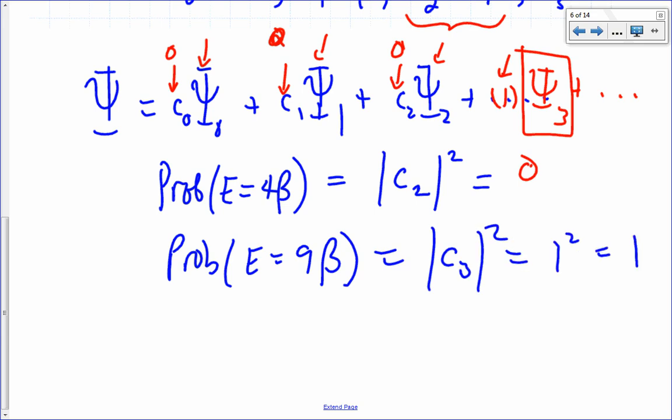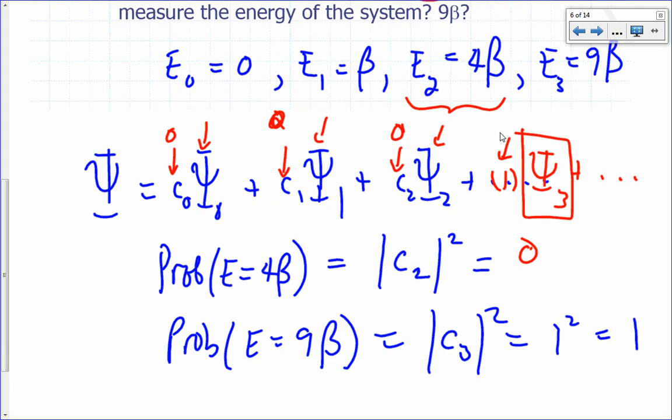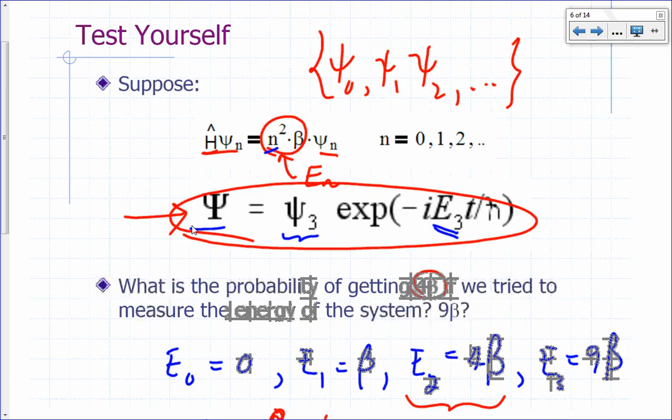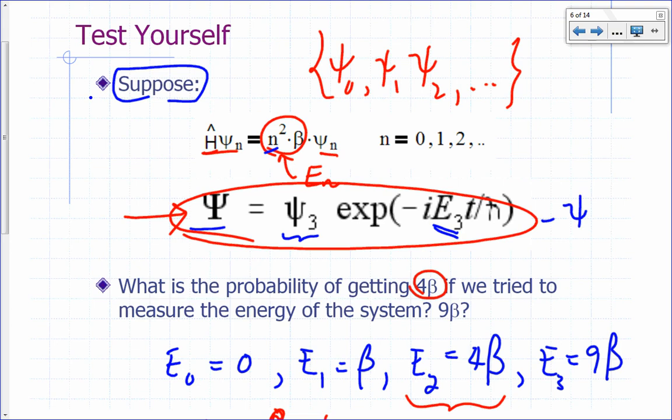In other words, if psi is an eigenfunction of the Hamiltonian operator, it has a well-defined energy. In this case, the well-defined energy is 9 beta, because we supposed that psi is equal to psi 3.